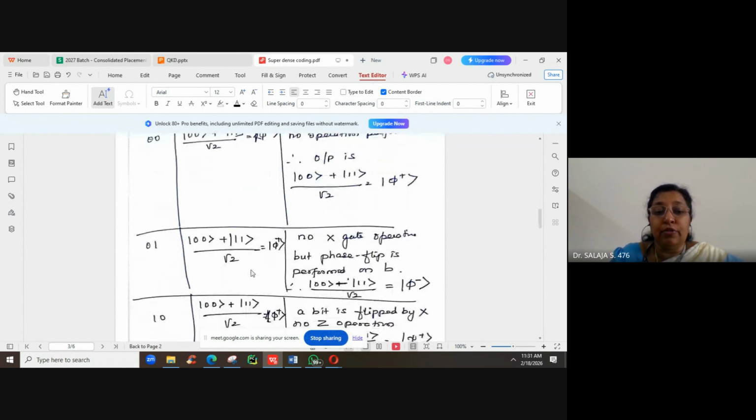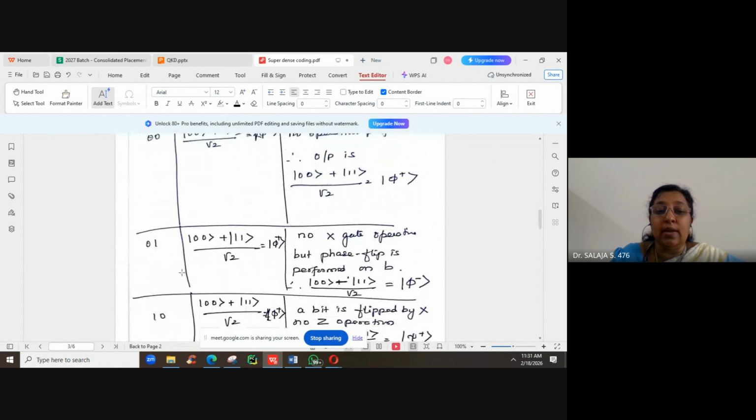But what if the value of A is 0 and the value of B is 1? Since the value of A is 0, we will not apply an X gate operation. But since the value of B is 1, we'll perform a Z gate operation, which means we perform a phase flip where bit B is 1.